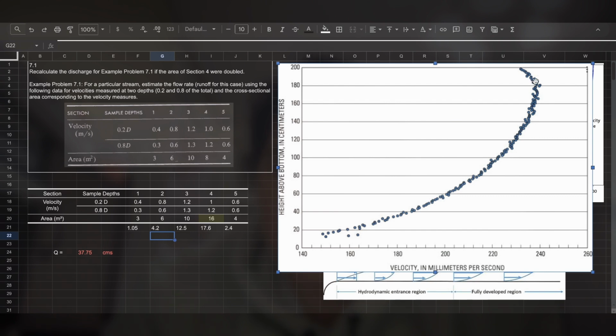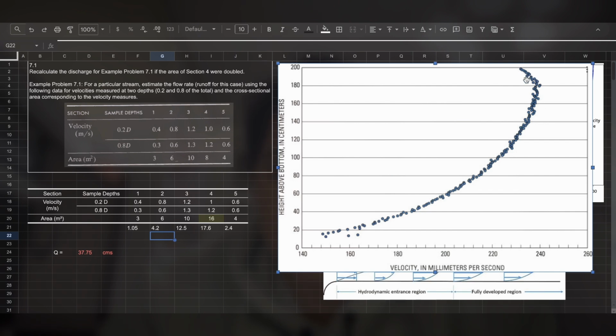The velocity of the water is going to be higher closer to the surface. Let's say this is the surface, and going down you go deeper into the river. The closer you are to the bottom of the river or the channel, there is more friction, so the water is going to flow slower than the water closer to the surface, where it's farther from the bottom.